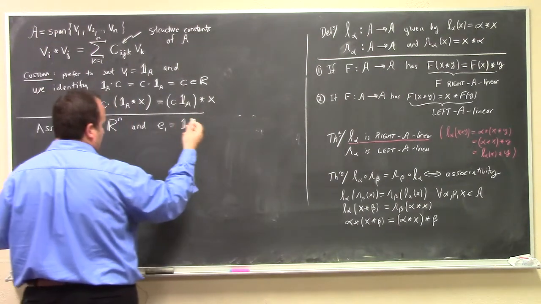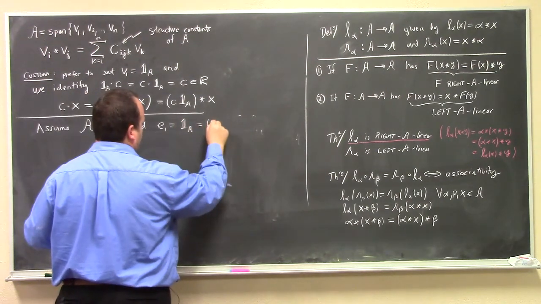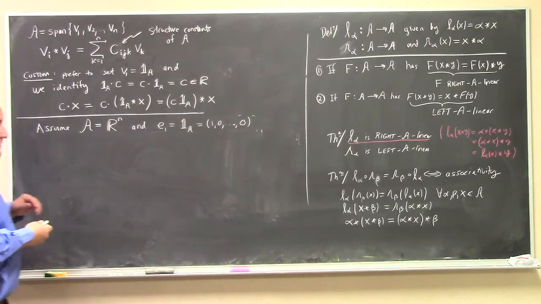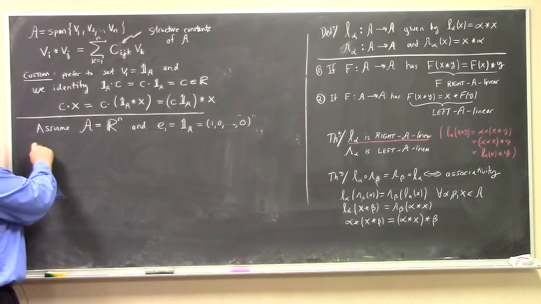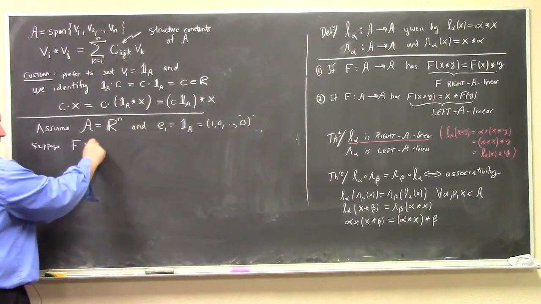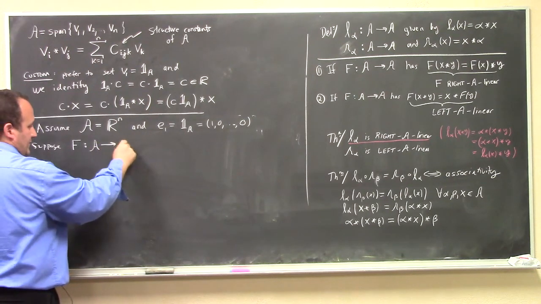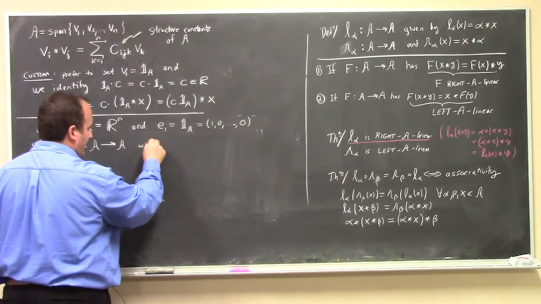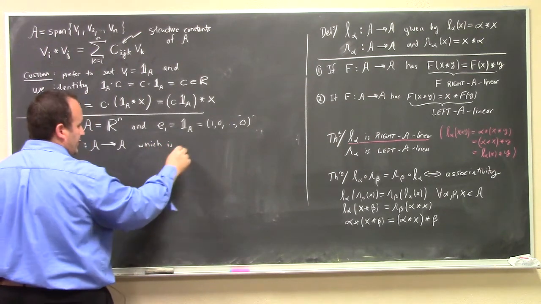This is the usual standard basis. Great. And suppose that we have a mapping F on the algebra which is right A-linear.